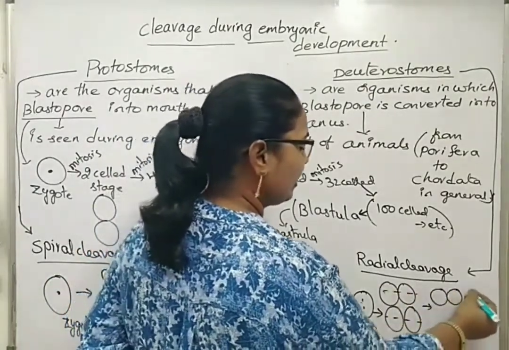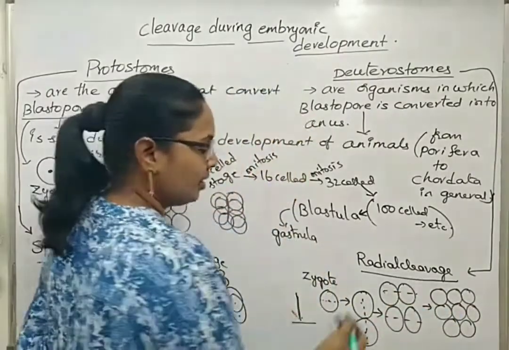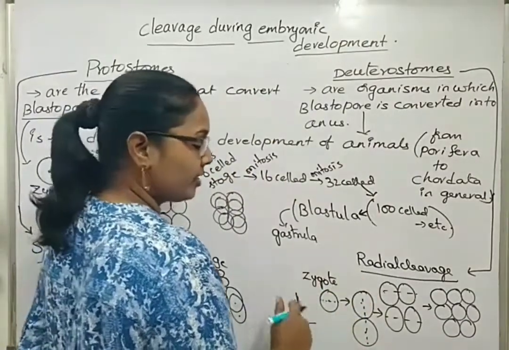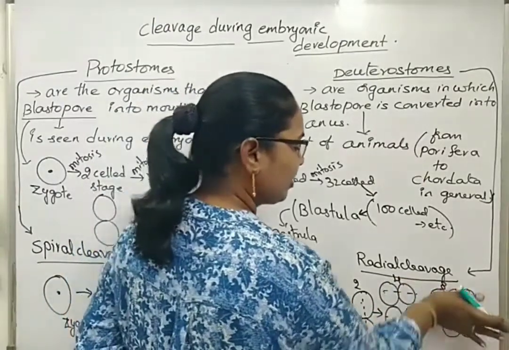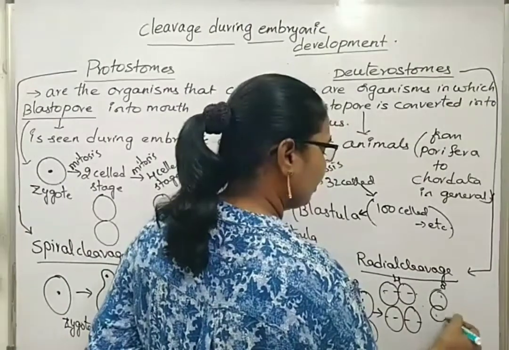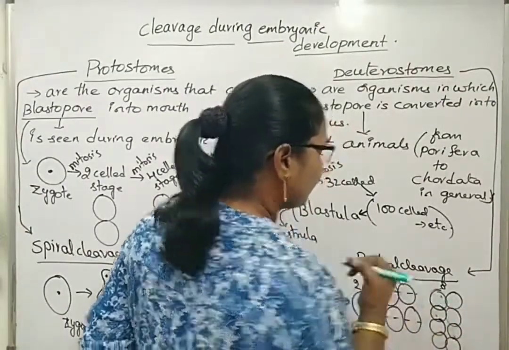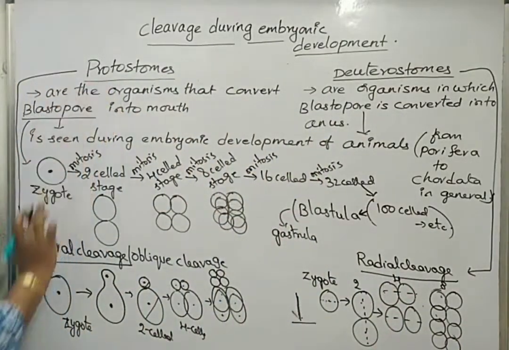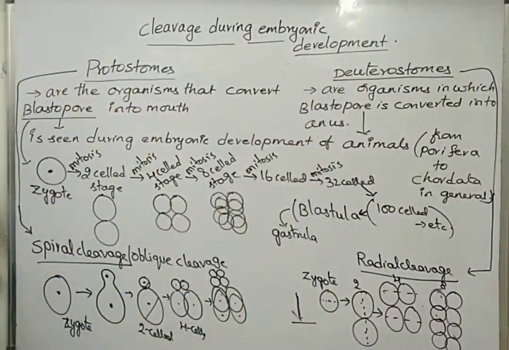So we get 8 number of cells. Every time the division is perpendicular to the previously formed cells. So here it is 2 cell, 4 cell, 8 number of cells. In this way, the spiral cleavage is seen in case of protostomes, and radial cleavage is seen in case of deuterostomes.